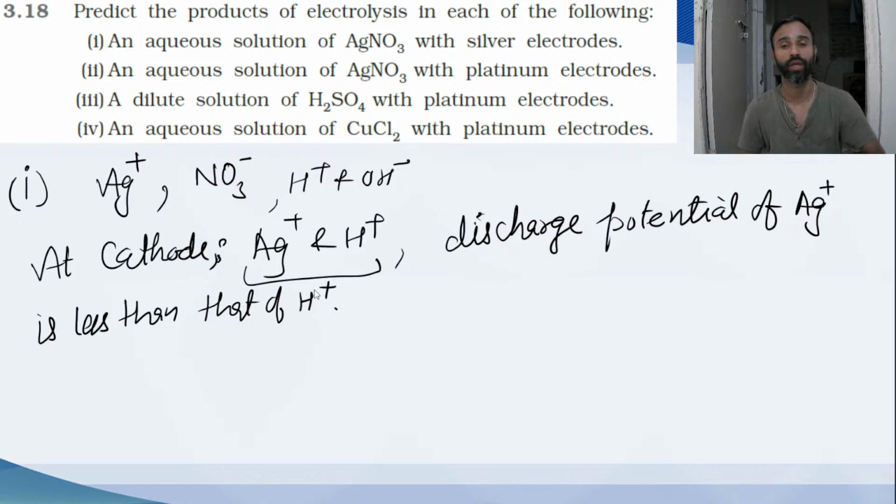So at cathode, Ag+ will gain electron and silver is deposited at cathode.